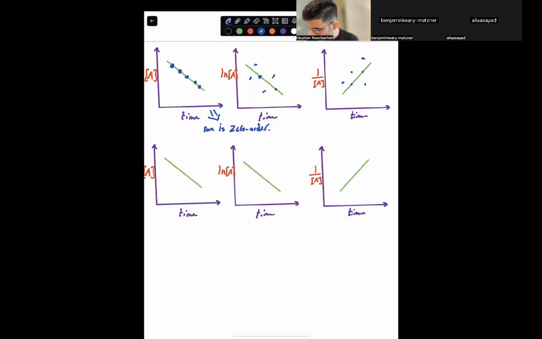If the number of data points are going to be on this straight line, and it is this one, then this means the reaction is first order.